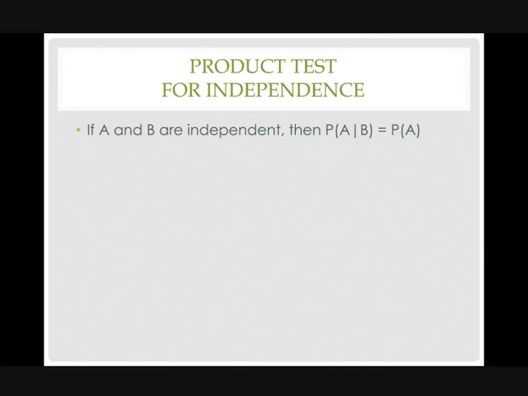Now the product test for independence. If A and B are independent, then the probability of A given B is just the probability of A, as stated previously. Therefore, the probability of A is equal to the probability of A and B divided by the probability of B. If this is true, then we can pull both of those probabilities apart.